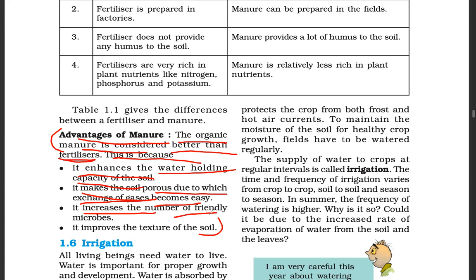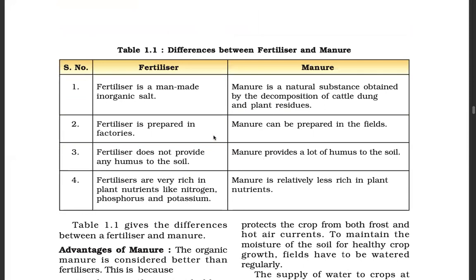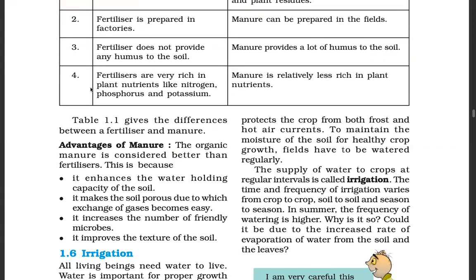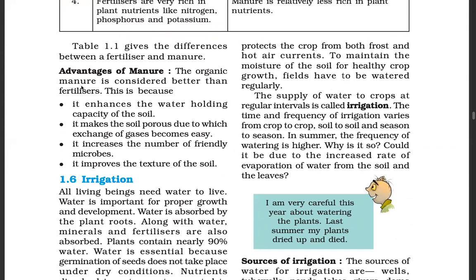It increases the number of friendly microbes. It improves the texture. At least you can learn 3. And in the difference also, you should at least learn 3 of them. Either the first 3, like the definition should be there, and of 2, 3, 4, you can choose any 2. Most probably you should learn all 4, but if you don't want to, you can learn 3 also.